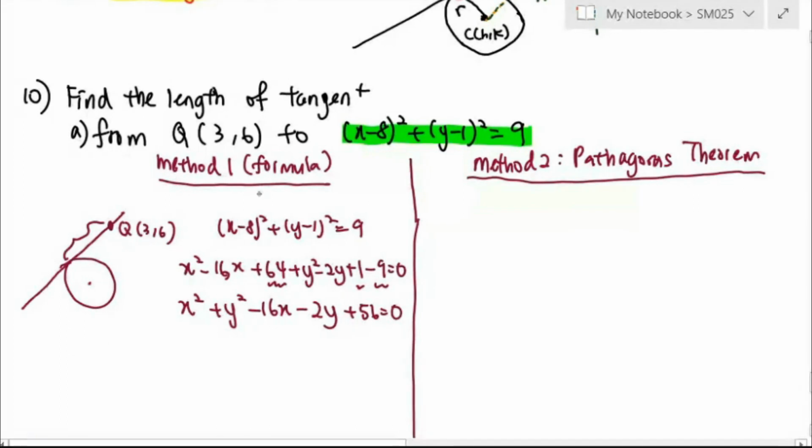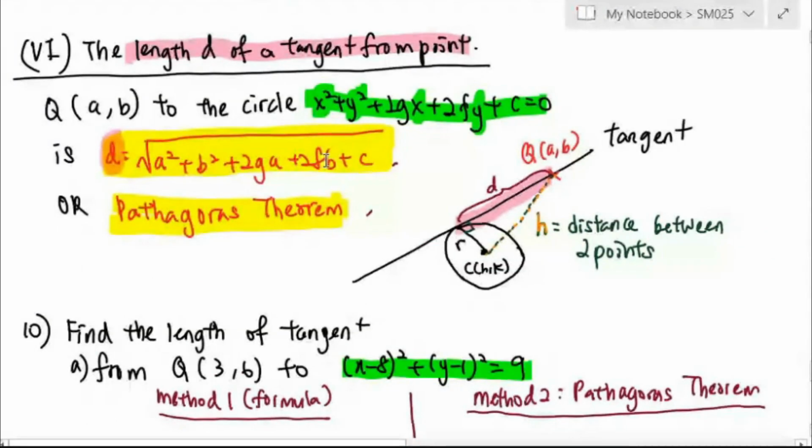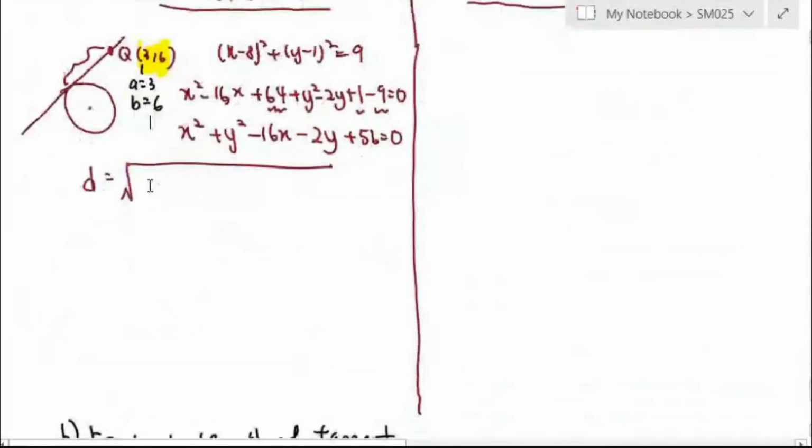Therefore, for the first method, I'm using the formula. The length of the tangent here will be, what's your point? Your point will be 3, 6, which means A is 3, B is 6. Our formula is similar to the general form of the circle, and then we take the square root of the answer.